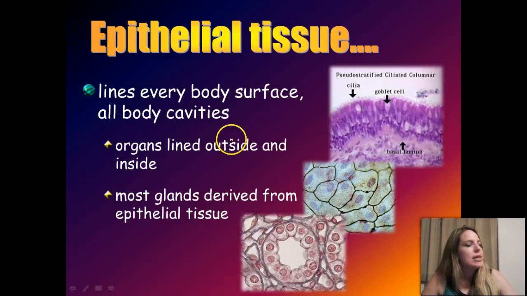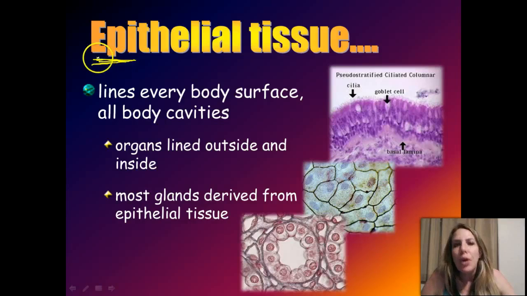So epithelial tissue. Well, let's take a look at some of the root words here. Let's look at the beginning of this word, epi. Now you'll see the prefix epi a lot in anatomy and physiology. If you've studied the body regions, for example, you might recall the epigastric region, which means upon the belly region.